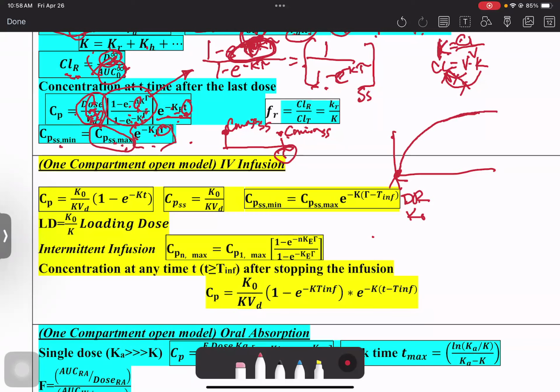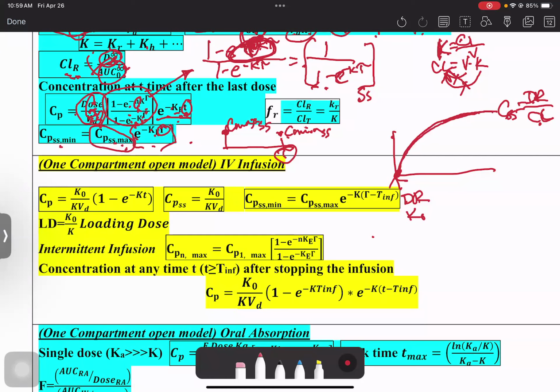So we know that CSS average is equal to bioavailable dose rate over clearance. Do we have to worry about bioavailability here? No, because we're giving it IV. So it's just dose rate over clearance. You already know this piece, don't you? That CSS is dose rate, drug in over drug out. So we know that that's the relationship.